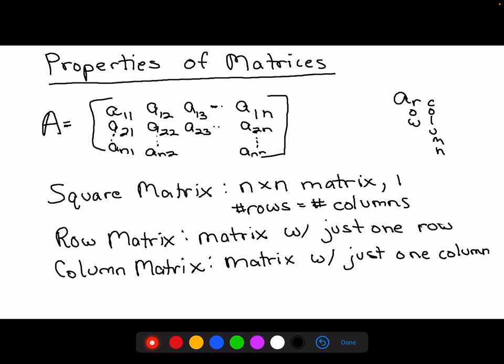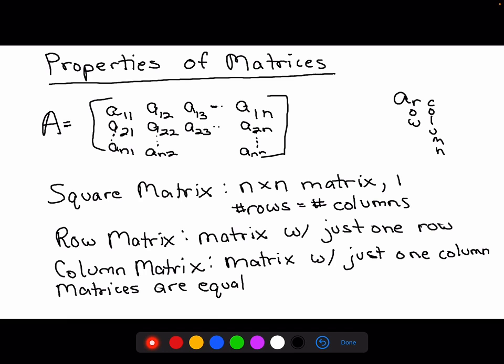Okay, so we talked about a square matrix where the number of rows and number of columns is the same. But we can also talk about matrices themselves being equal. So this is all some definitions just to keep in mind moving forward.